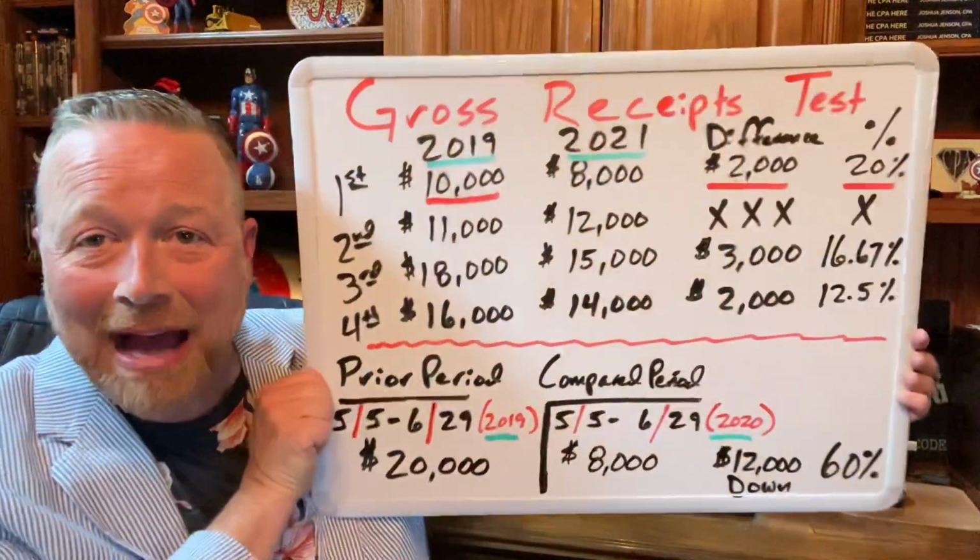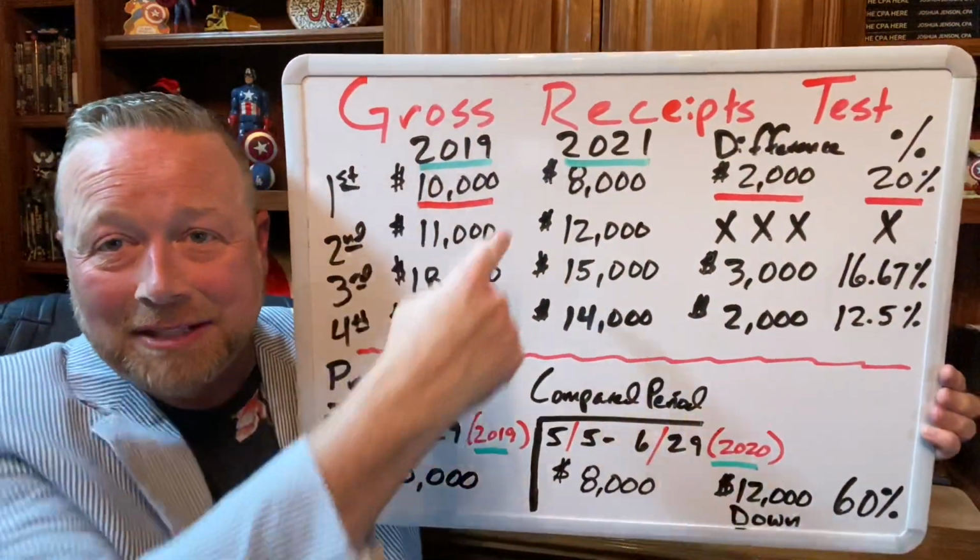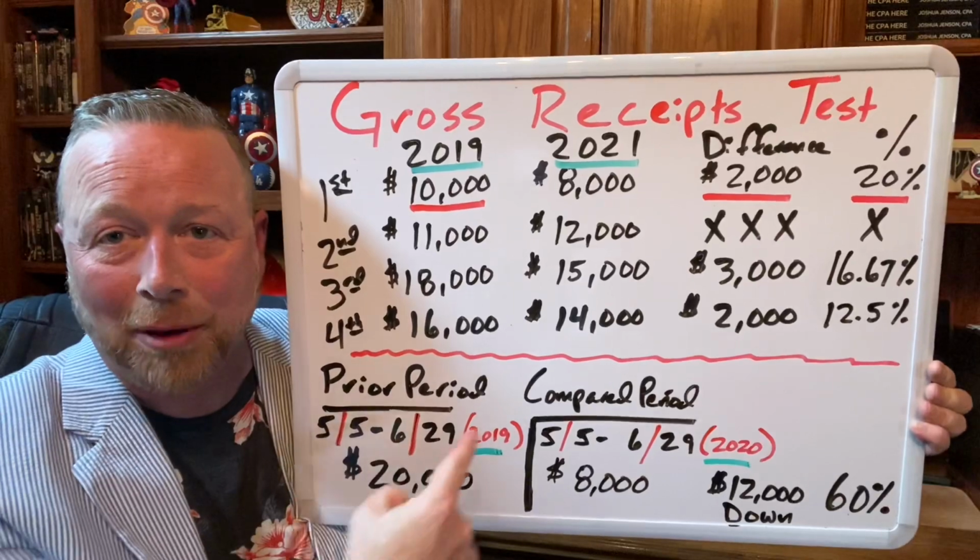And the other thing is, as you can see, I've got periods in here, 19 and 20 and quarters and a prior period and a current period. I'm just giving you examples because here's the thing. For those of you that can understand math better verbally than when you see numbers, you're doing this.